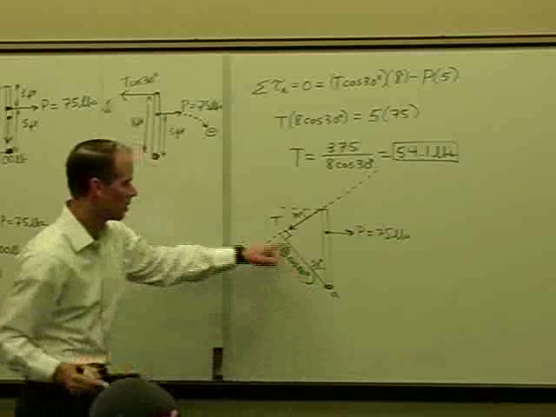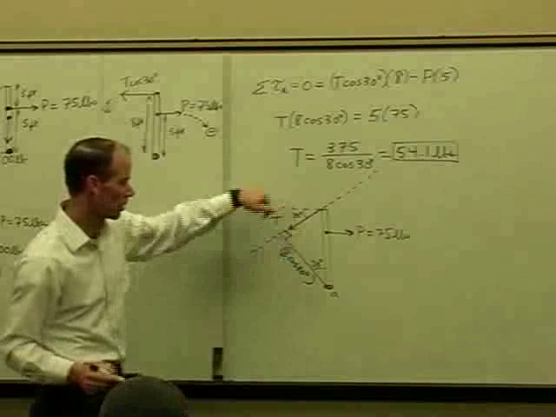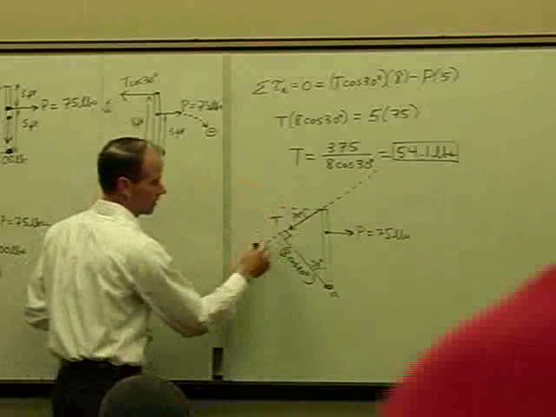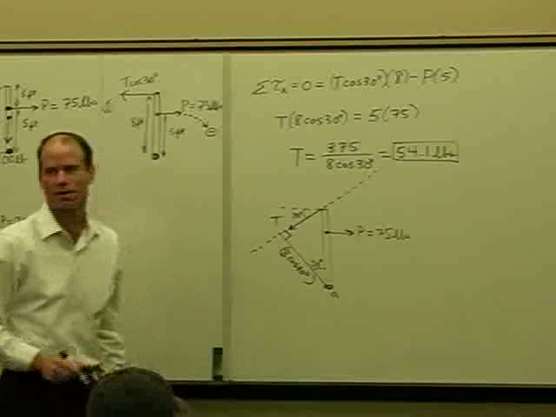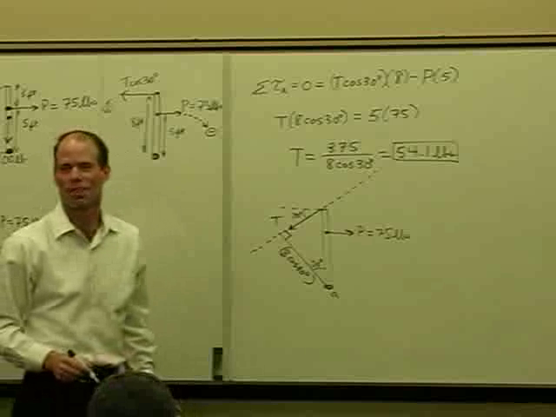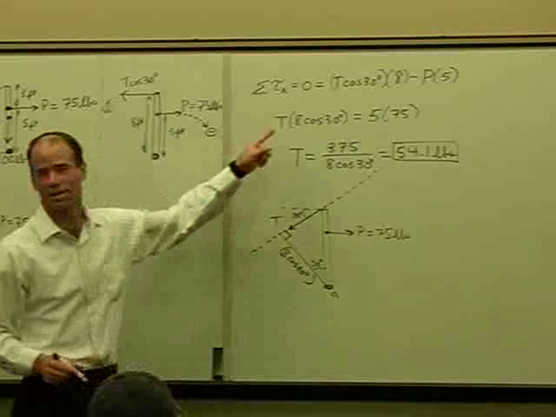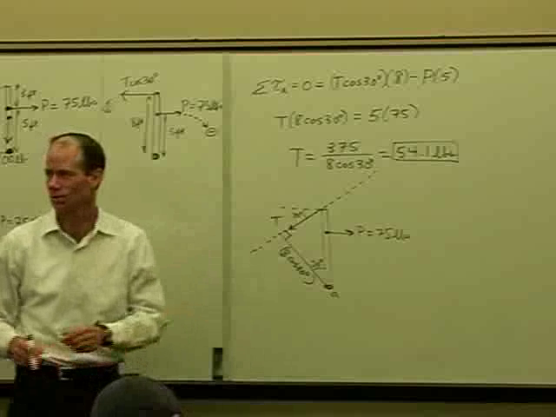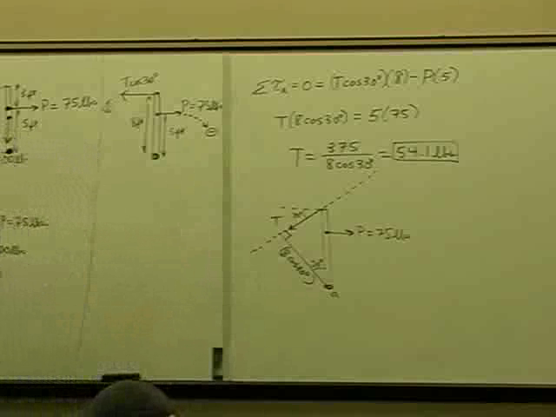So that's my moment arm. So my torque due to T is going to be T times 8 cosine 30. Which is what we had. Right? We broke T up into components and did it that way. But we could have done it this way.